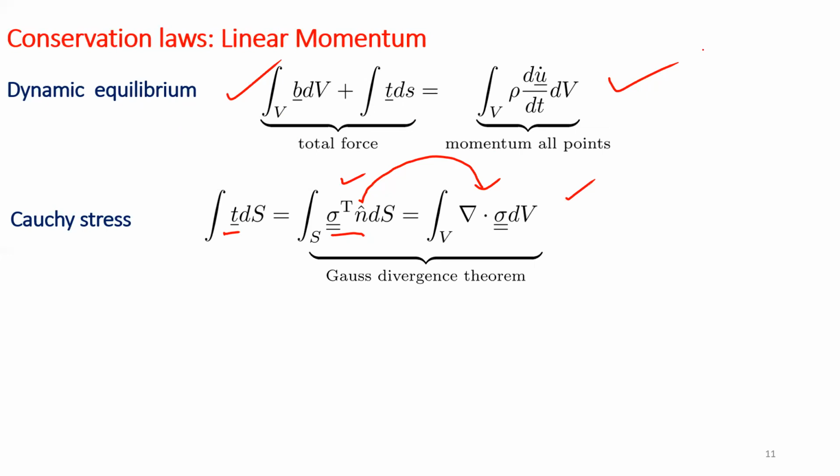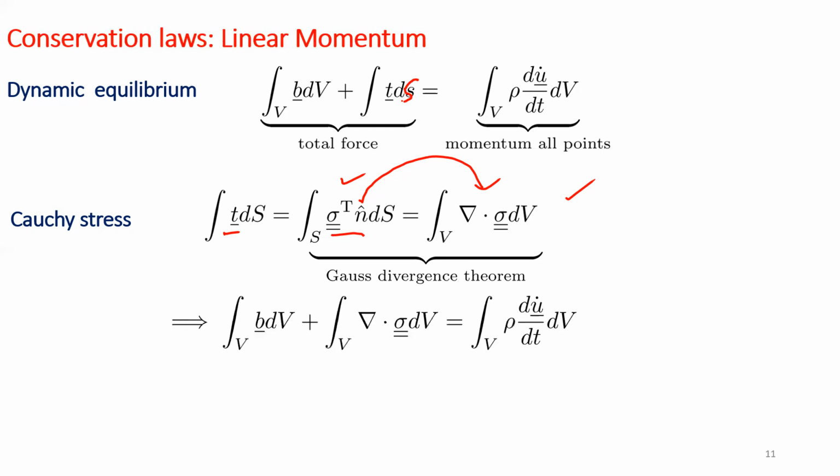If it is possible to convert the other way, one can do it, but there is no further simplification unless you know what the distribution of body force or the displacement is. So we converted, please correct this, it should be capital S, a surface integral to a volume integral using the Gauss divergence theorem, and I'm replacing it back in the original expression.